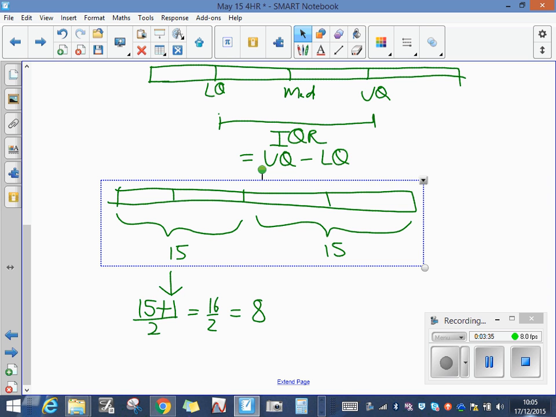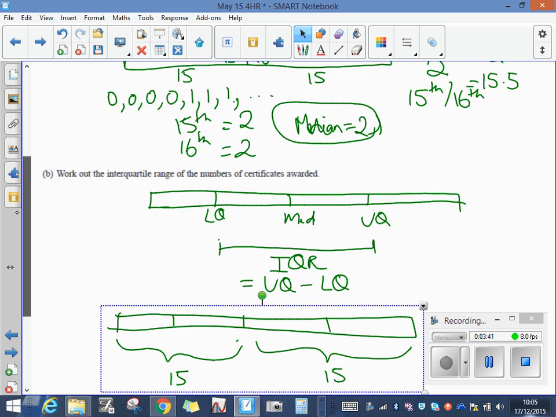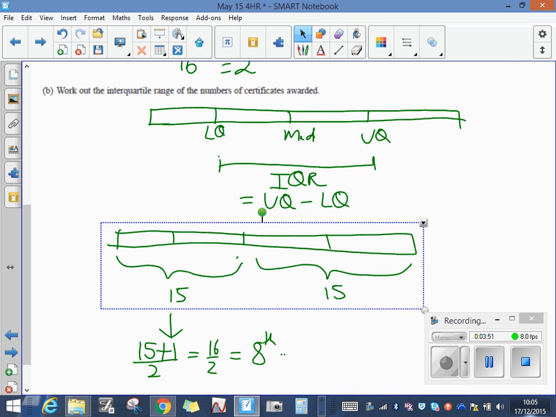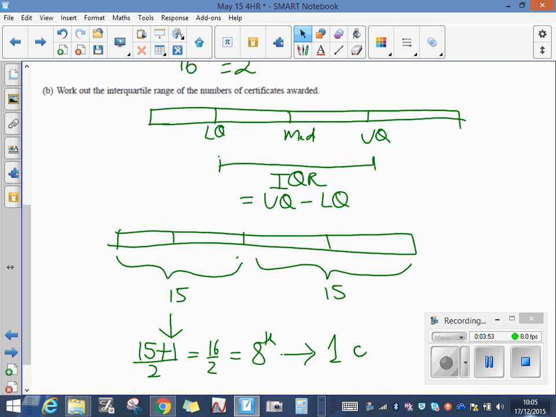In fact, the median of this bottom group, which is the lower quartile, is going to be the 8th student. Looking back at the table, the first 4 students got no certificates, but from the 5th to the 13th, they all got 1 certificate. So the 8th student got 1 certificate.